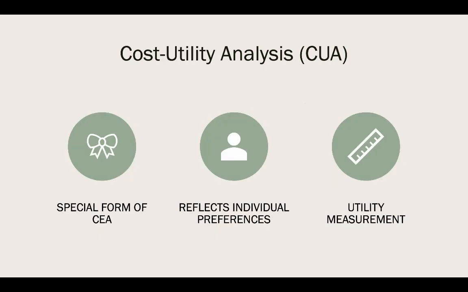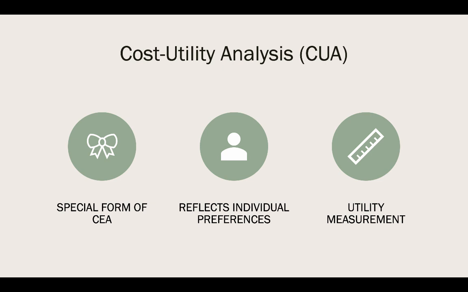And then we have a cost utility analysis. This is just a special subset of cost effectiveness analyses, and we're bringing in individual preferences of health states. So we can do something for someone, and we can apply this not only to healthcare, but any arena, even gift giving during the holiday season. People have individual preferences, and how do they rank those preferences?